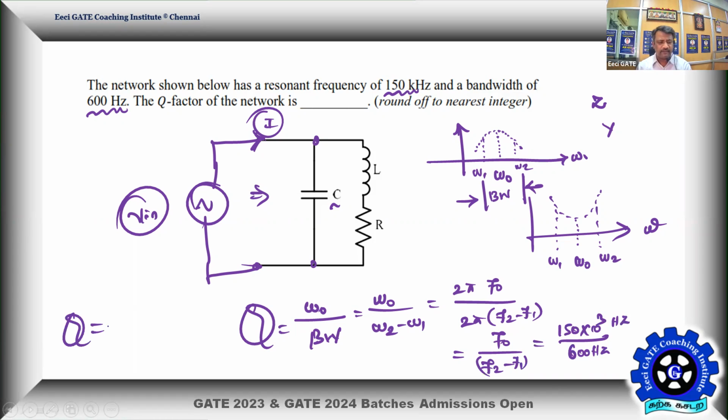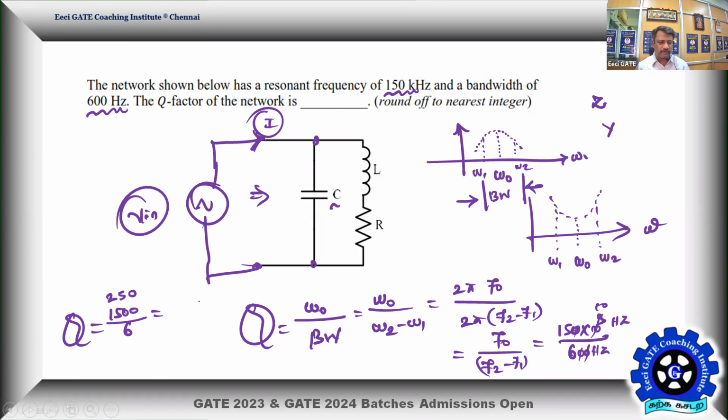The quality factor of the network is going to be 150 times 10 power 3 divided by 600. Cancelling the two zeros, it is going to be 1500 by 6. Let me do a small check: 1500 by 6, that is 250.